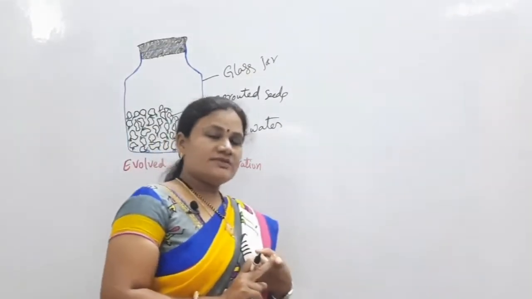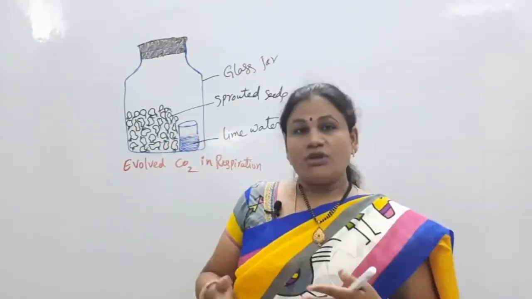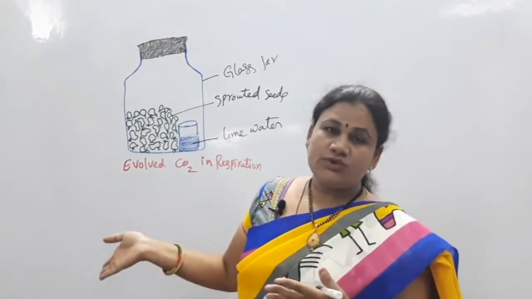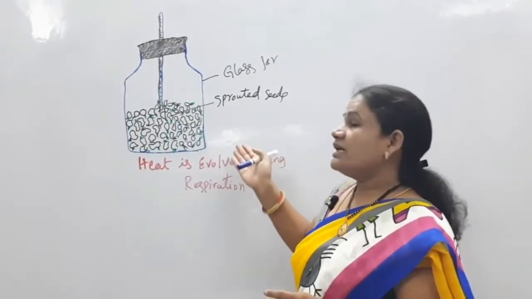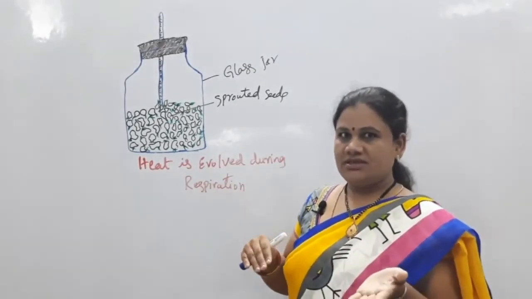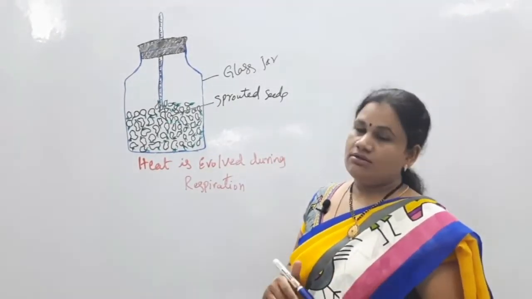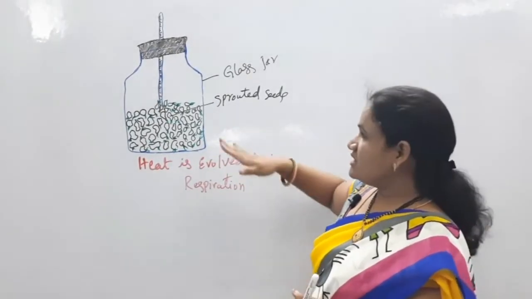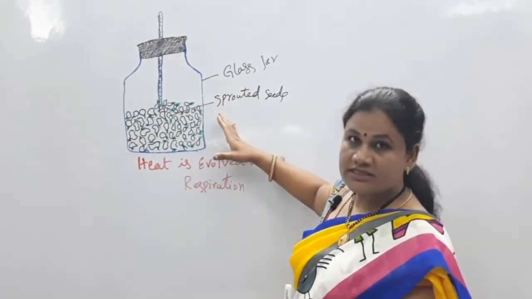Another thing is that during the respiration process, heat is also released. With the same sprouted seeds, we can do that activity. Let us see. Take the sprouted seeds which were prepared for the previous experiment, that is, CO2 is liberated during respiration. But this time we should take these sprouted seeds in a thermos flask.